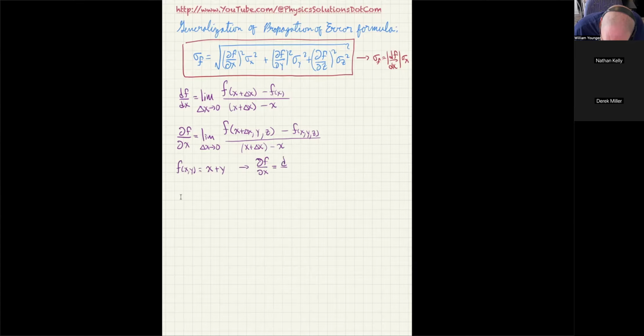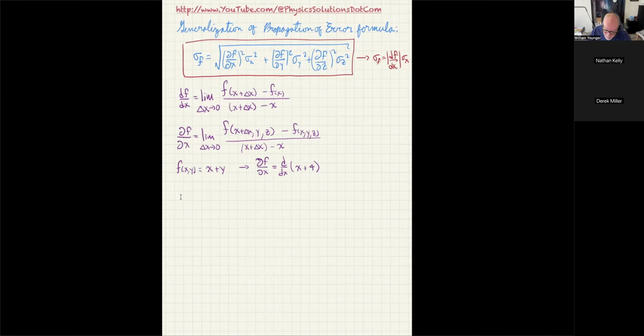Watch what I'm doing here. I'm playing a trick. I'm pretending like y is a constant. So I'm going to say the partial derivative of f with respect to x is really just the derivative of f with respect to x, except I've replaced y with 4. Okay? So I'm just physically pretending y is a constant.